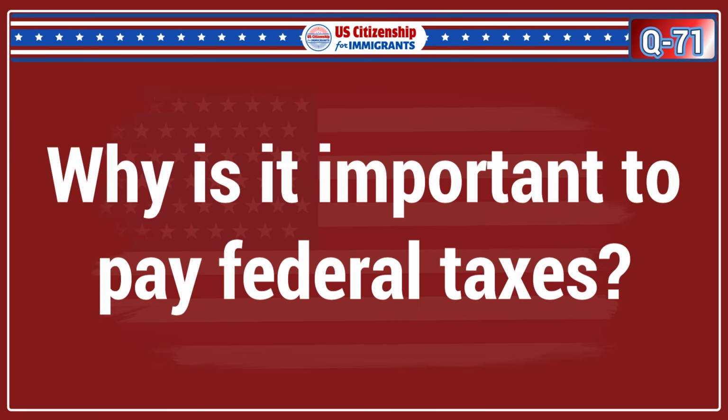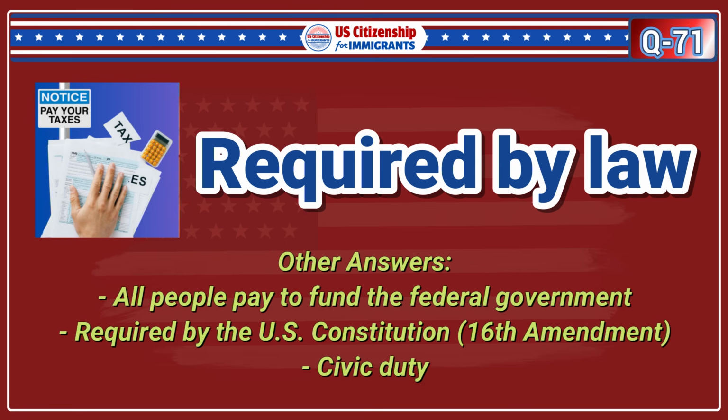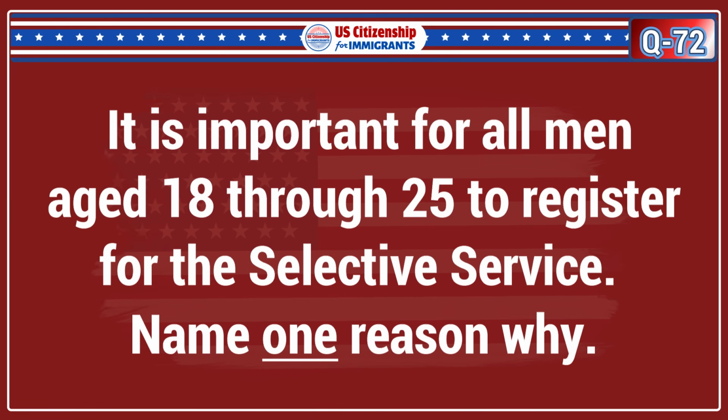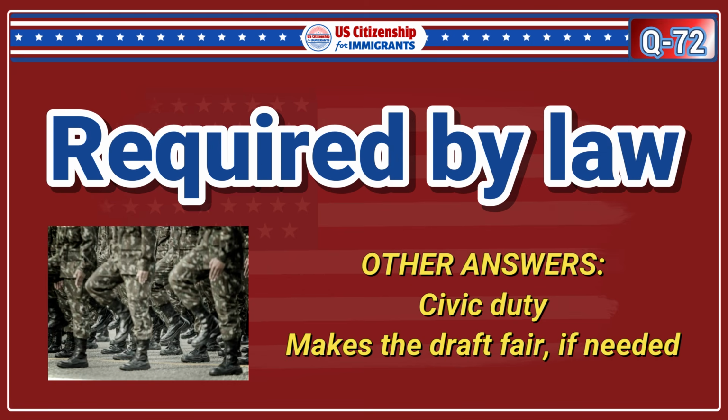Why is it important to pay federal taxes? Required by law. 72. It is important for all men aged 18 through 25 to register for the Selective Service. Name 1 reason why. Required by law.